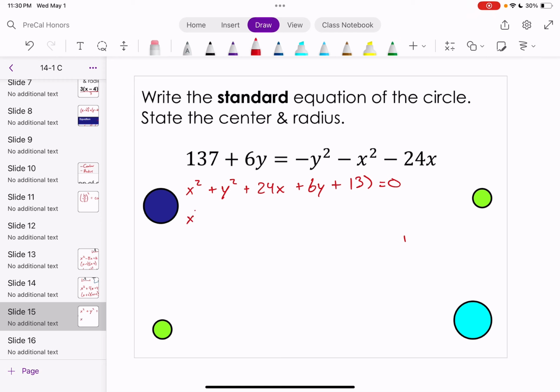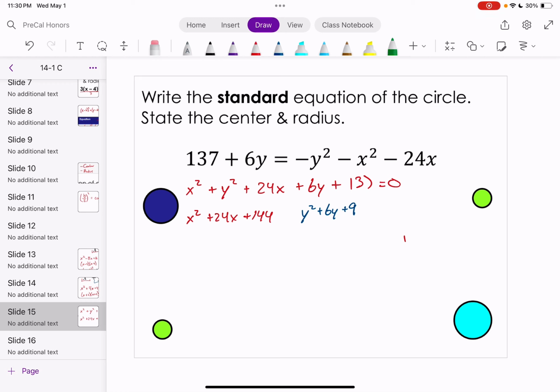We have x squared plus 24x. 24x divided by 2 is 12. 12 squared is 144. Y, we have y squared plus 6y. 6 divided by 2 is 3. 3 squared is a positive 9.